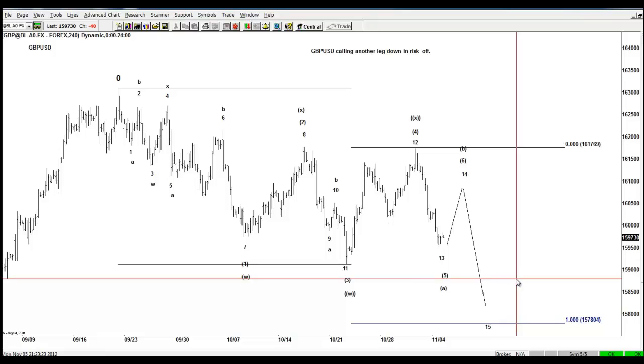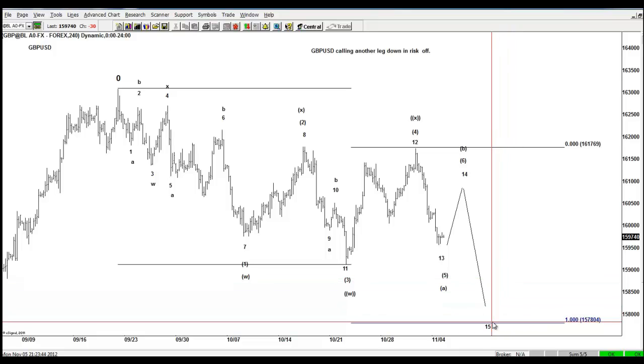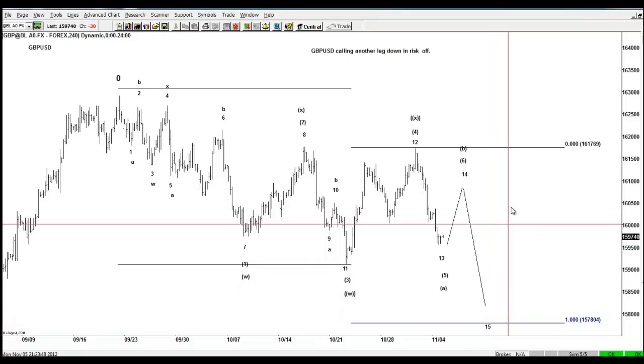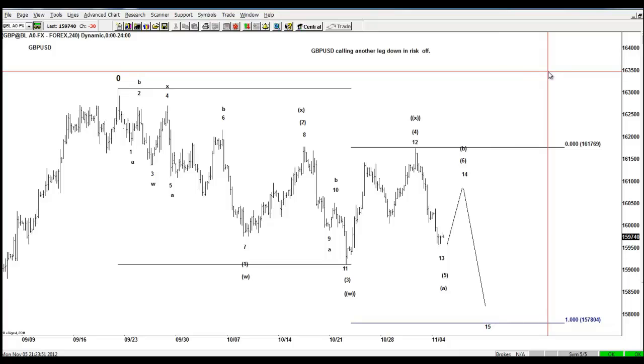But cable is also telling me that we need to be careful. After the next leg down in that chart, the trade in cable should be over, and the correction should be over, and the pair should turn bullish. Technically, the target in cable is the 57.80 area, from where the pair should trade higher.